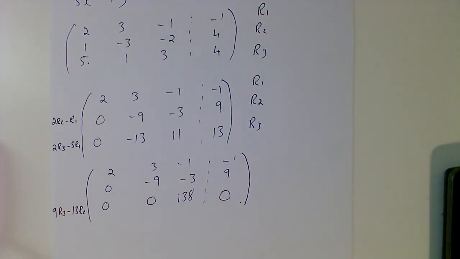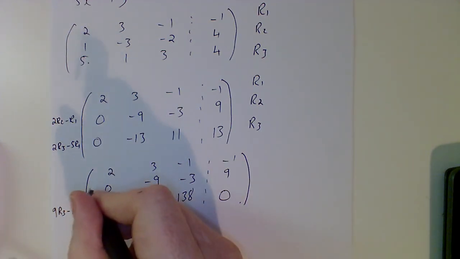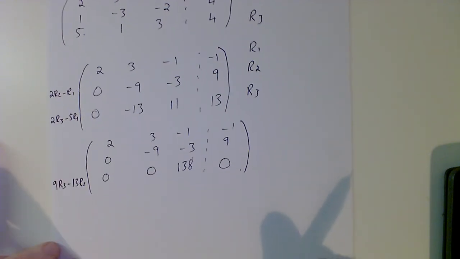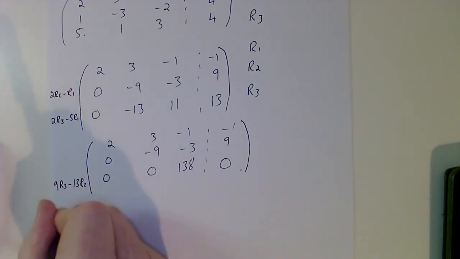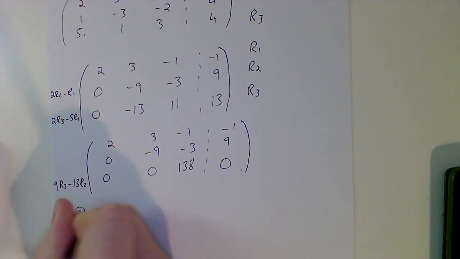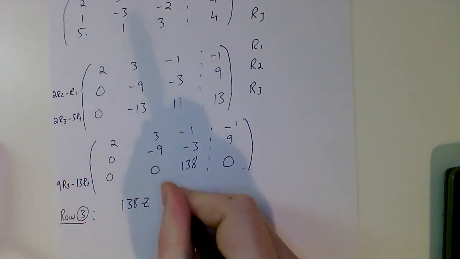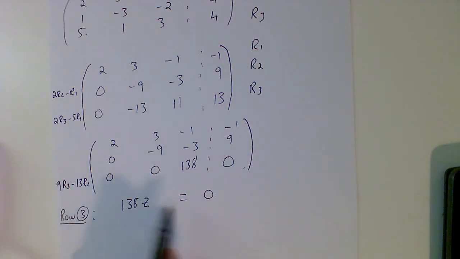There we go. So I've now got my bottom left hand corner to be all zeros, and that's all I'm looking for. Right, so now I just read off each row. You don't need to worry about the x and y and stuff, right? I was just doing that for example in the first one.